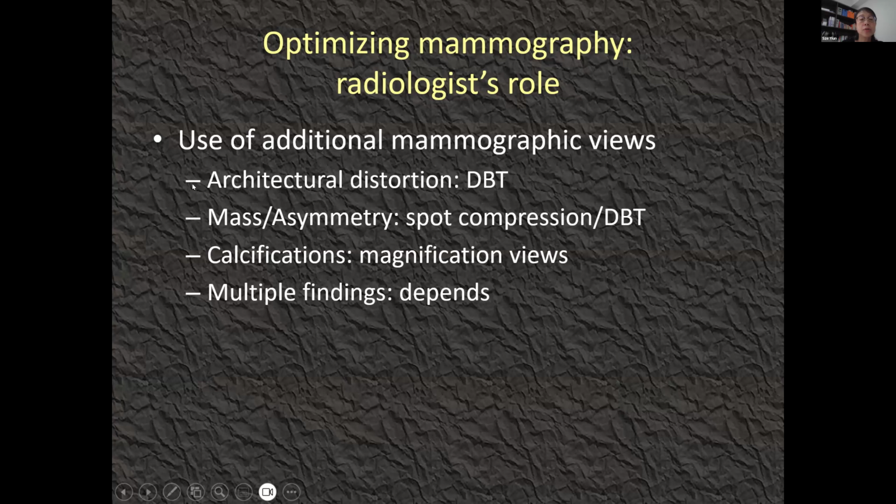For example, architectural distortion is usually worked up with DBT. Mass or asymmetry is usually worked up with spot compression or DBT. Calcifications are worked up with magnification views. And some patients have multiple findings, and the workup will then depend on the type of multiple findings.